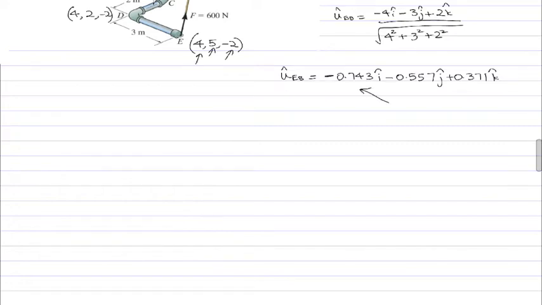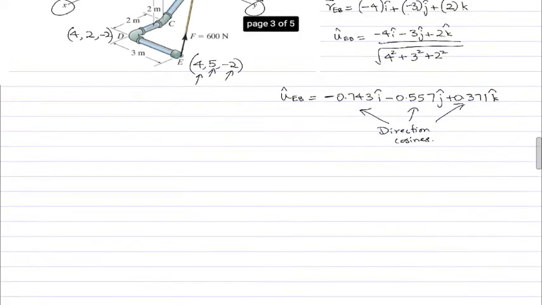Remember, these essentially are the direction cosines of the direction EB.